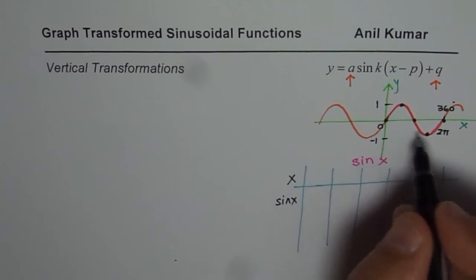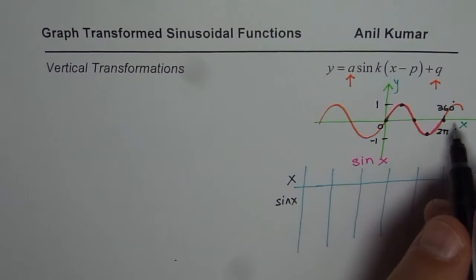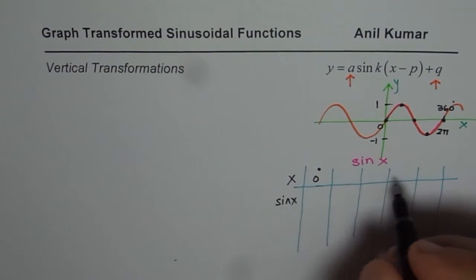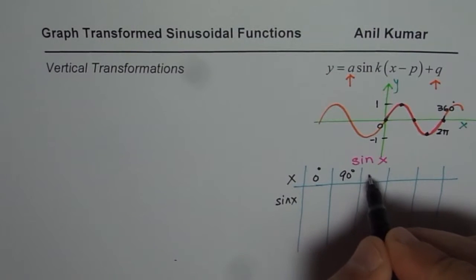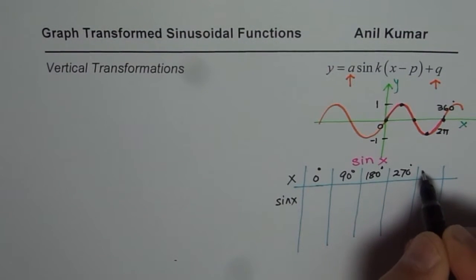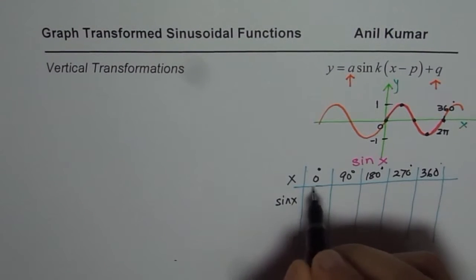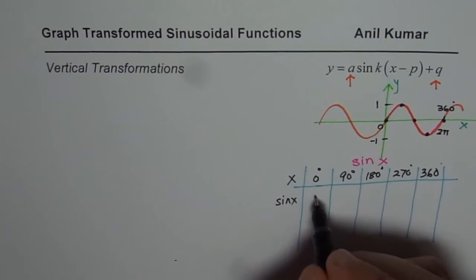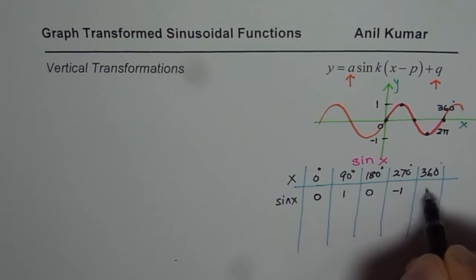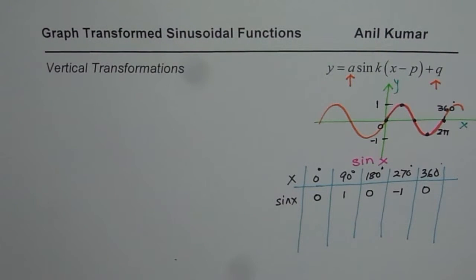I'm taking x in degrees. So 0 degrees, and then 90 degrees, 180 degrees, 270 degrees, or 360 degrees. So these are the 5 points, and you'll find for sine the values are 0, 1, 0, -1, back to 0. So these are the points which we will be considering, correct?